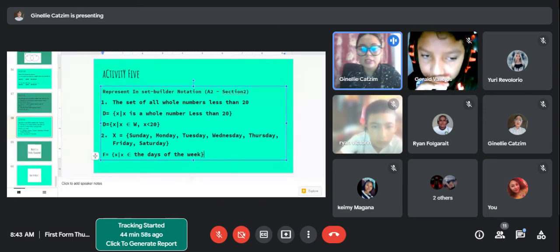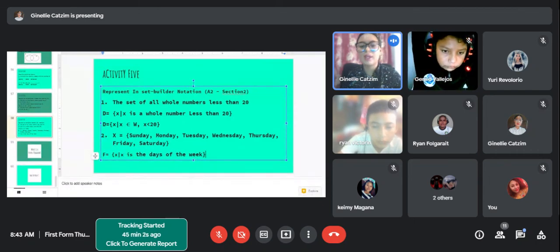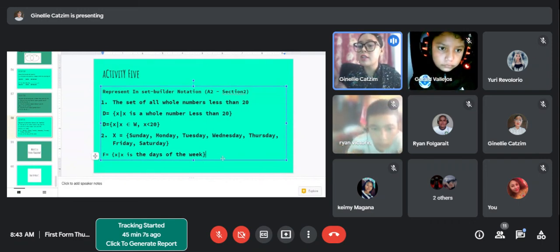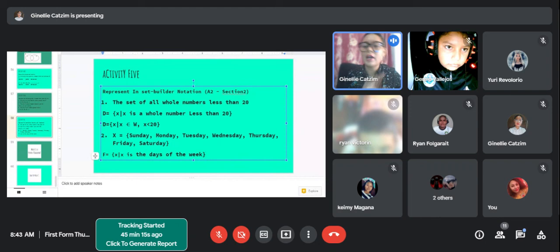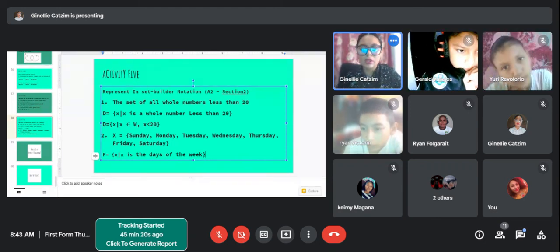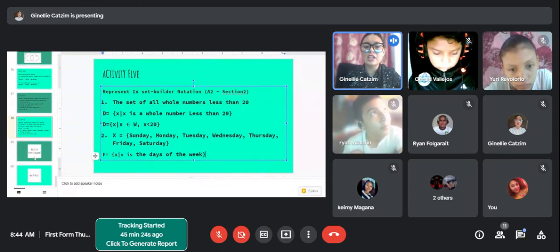Instead of this element, we can write X is days of the week, and that is everything for number 2. So as I mentioned, these are in your activity. What set builder notation does, remember, is just a little bar and the description of what the set is about. So that is basically the representation of a set.